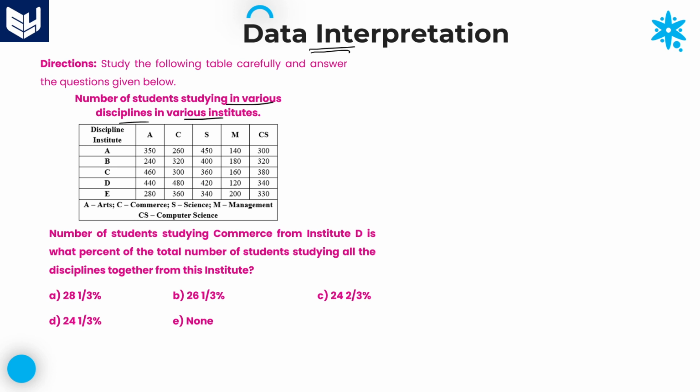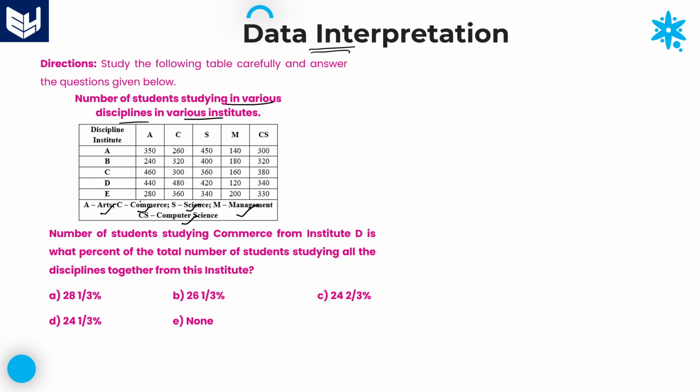in various institutes. Here the information is about the number of students who are studying in various disciplines. Various disciplines in the sense here we have a total of 5 different disciplines: arts, commerce, science, management and also computer science.